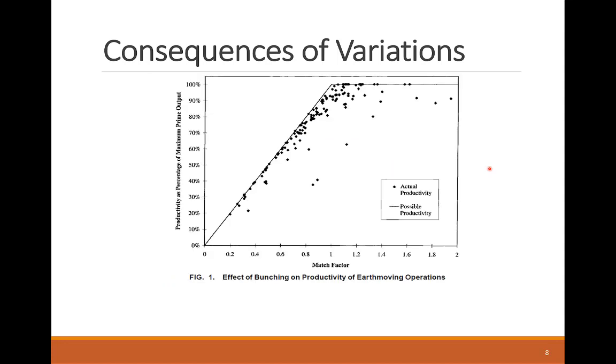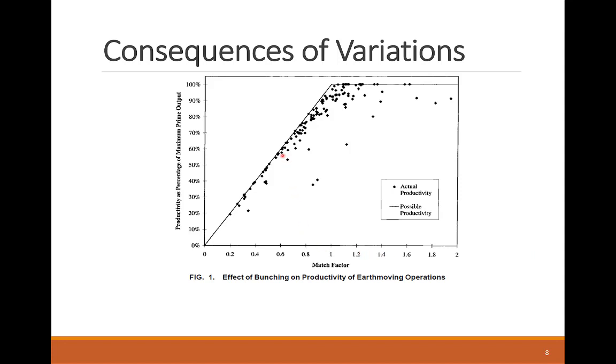This fact was investigated by a study where researchers observed the productivity of a crew and compared it to the theoretical possible productivity. The horizontal axis is for the match factor, which is the ratio between the truck and loader productivity values, which equals 1 at the balance point.